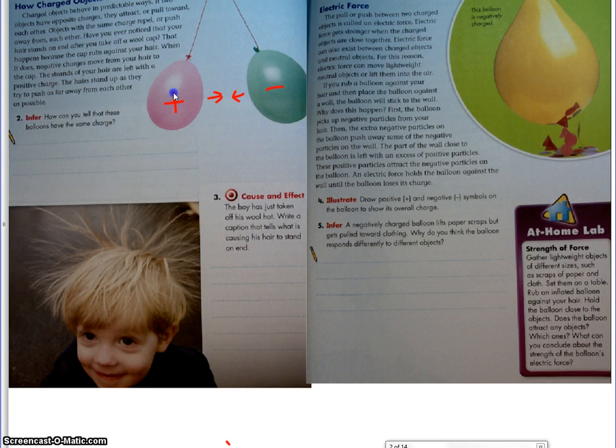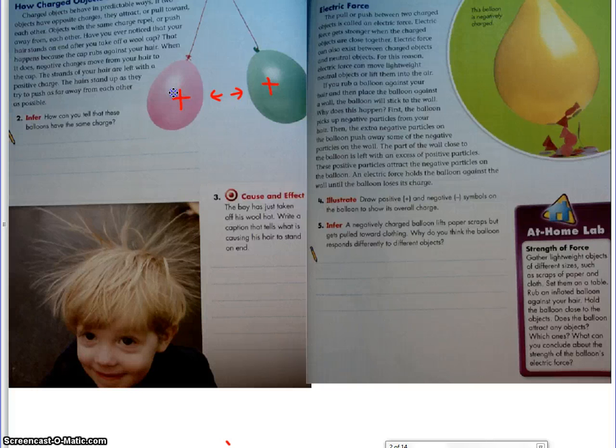Objects with the same charge repel, all right? So if I have two positives, they're going to move away from each other. They push away from each other. Have you ever noticed that your hair stands on end after you take off a wool cap? That happens because the cap rubs against your hair. When it does, negative charges move from your hair to the cap.